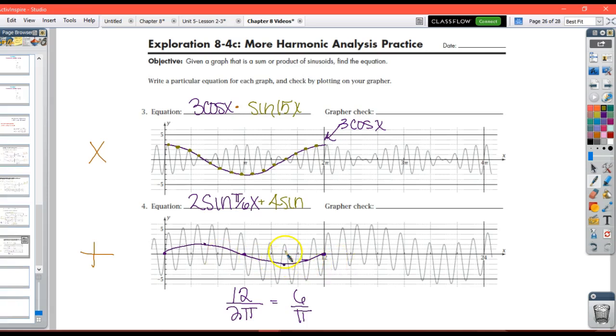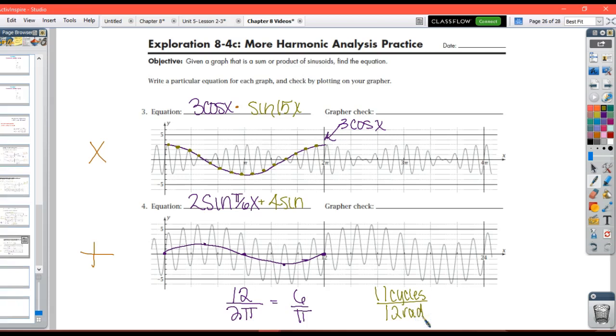And so I don't have 2 pi on my graph, so we're going to have to work with this 12 radians. So I'm going to count how many cycles are in between 0 and 12, and that's 1, 2, 3. And then here's a 4th, 5th, 6th, 7, 8, 9, 10, and 11. So we have 11 full cycles in 12 radians.